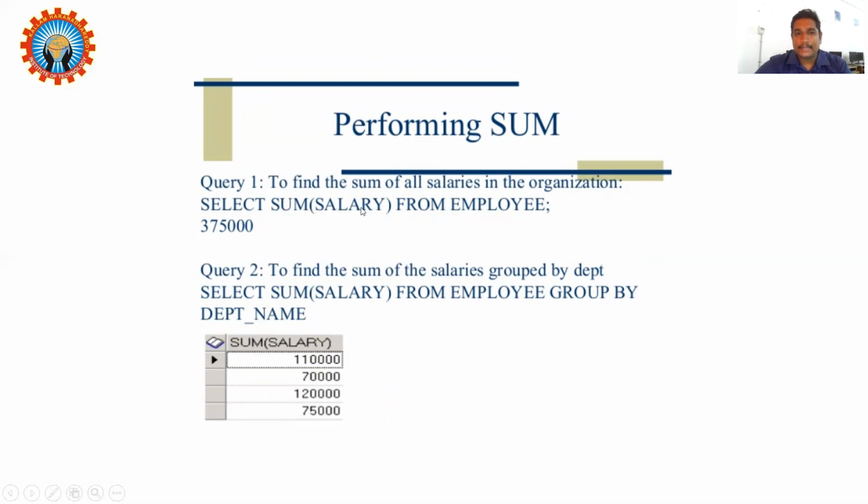ALL keeps the duplication of data, whereas DISTINCT of an attribute name omits the duplication of data. Select sum of salary from employee. So this is the sum of all the attribute values. I hope you understand.